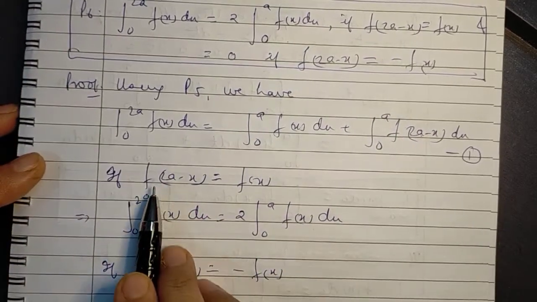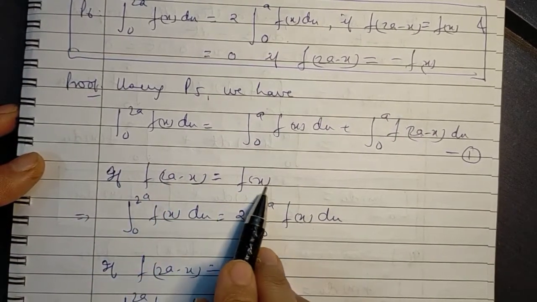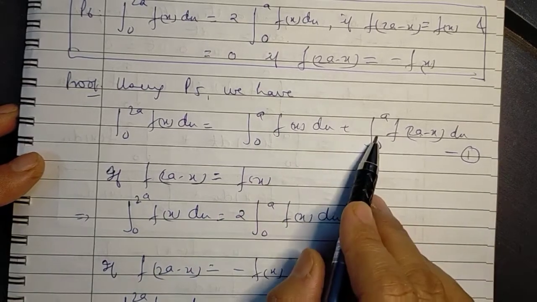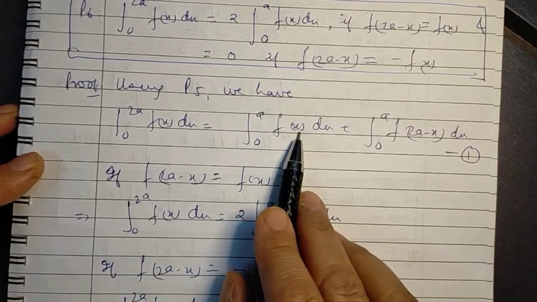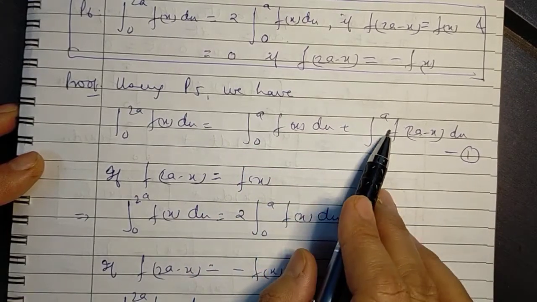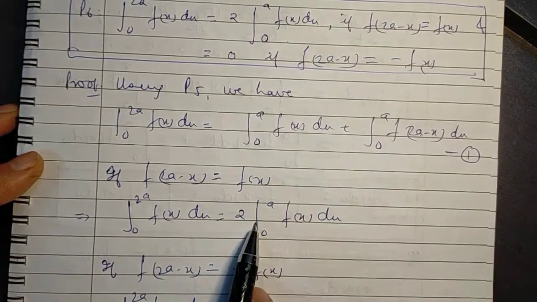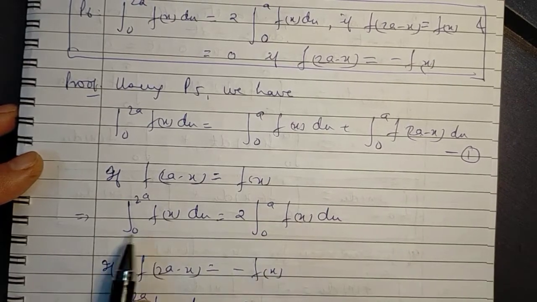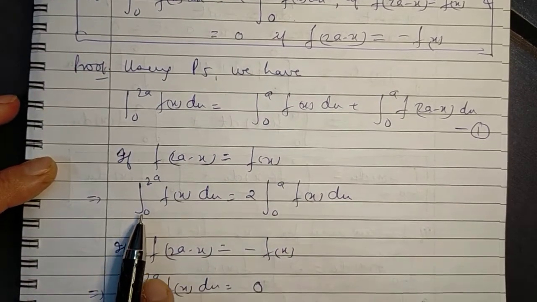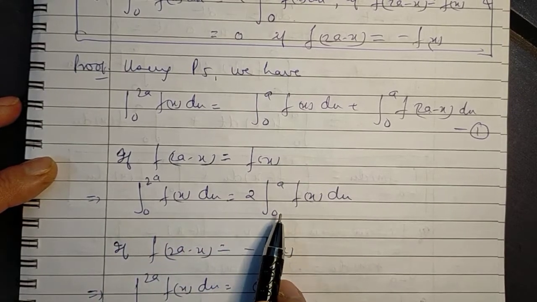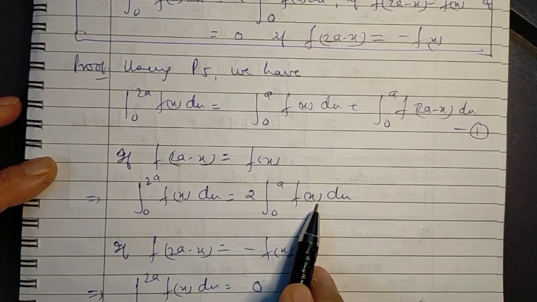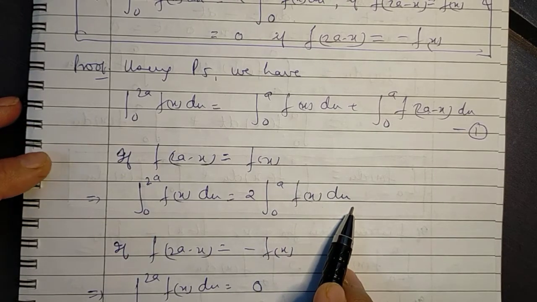Now if f of 2a minus x is fx, so in this what do we get? The right hand side becomes 0 to a fx dx plus 0 to a fx dx, which is twice of 0 to a fx dx, and hence we get integral 0 to 2a fx dx is equal to twice of integral 0 to a fx dx.